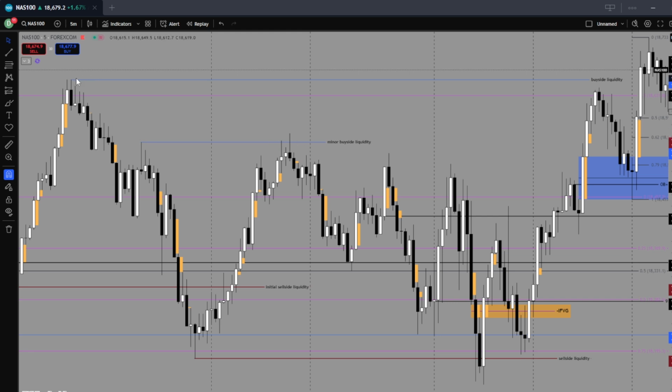But people who have deep pockets and whose stop loss was above here were eventually out of the market. Friday was the choppy session. It took out both sides. It took out sell side first, then it went towards the buy side.